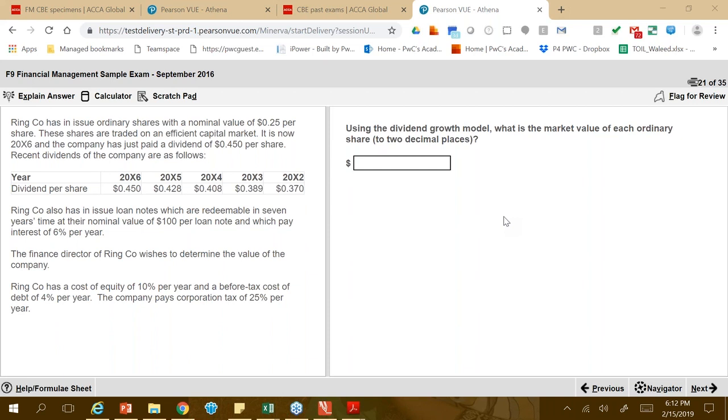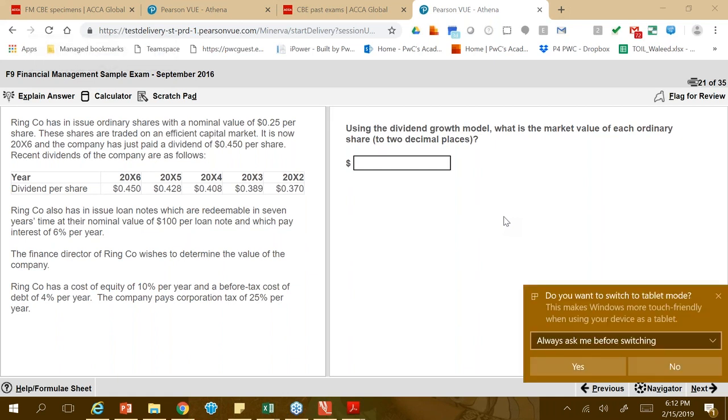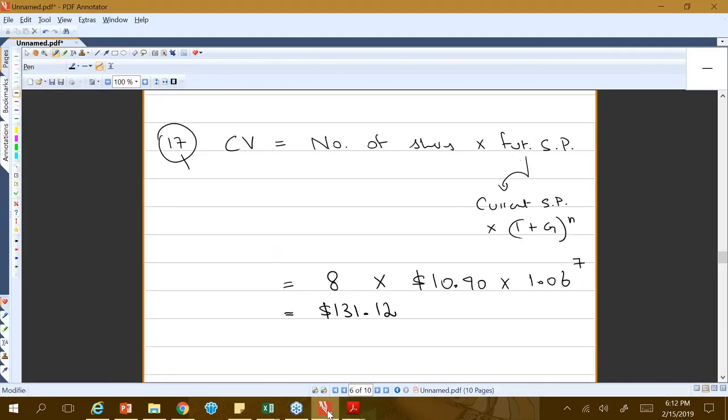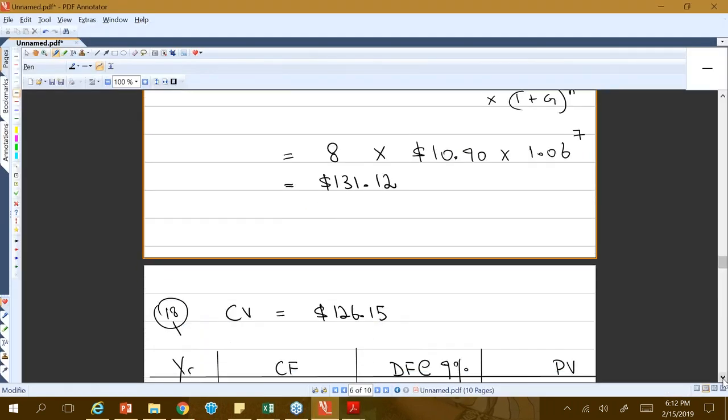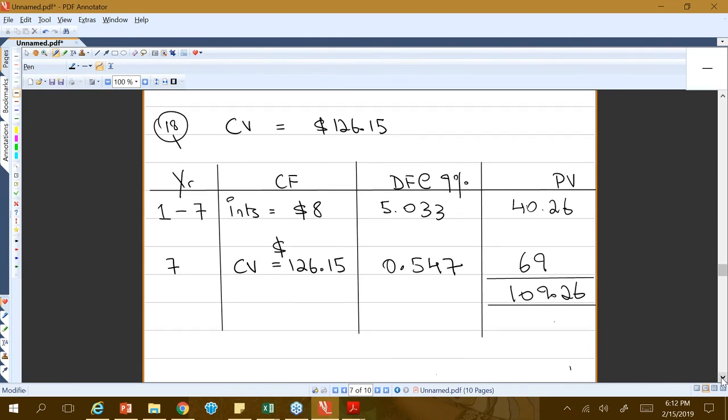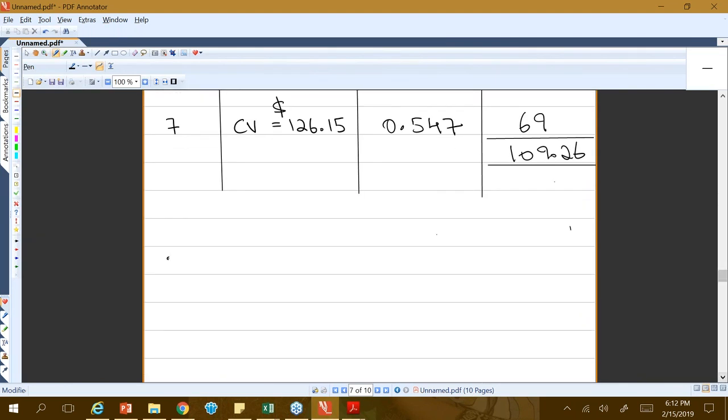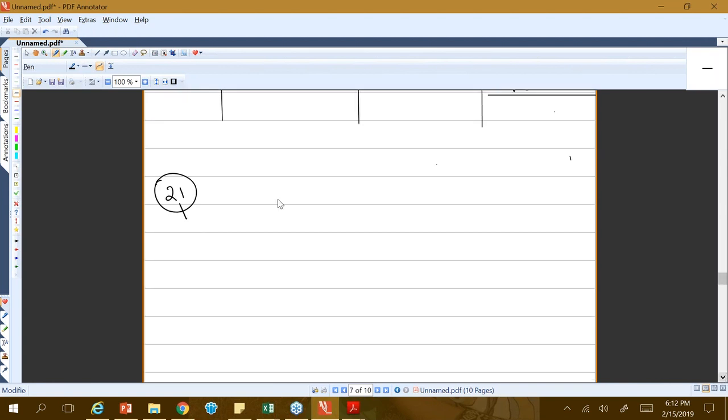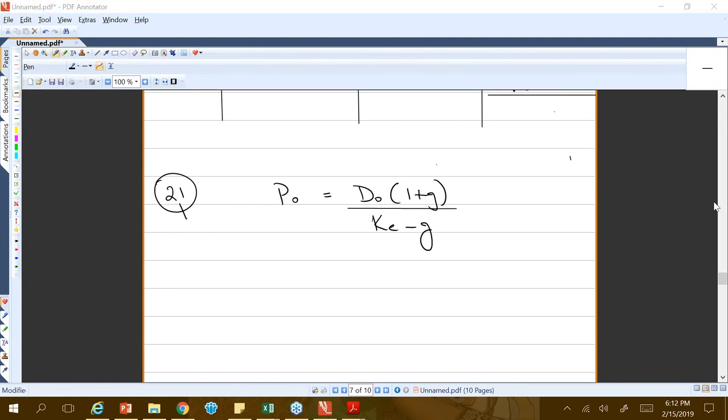So let's try and do this question, the 21 Ring. The model we are using here is D0(1+g) over Ke minus g.